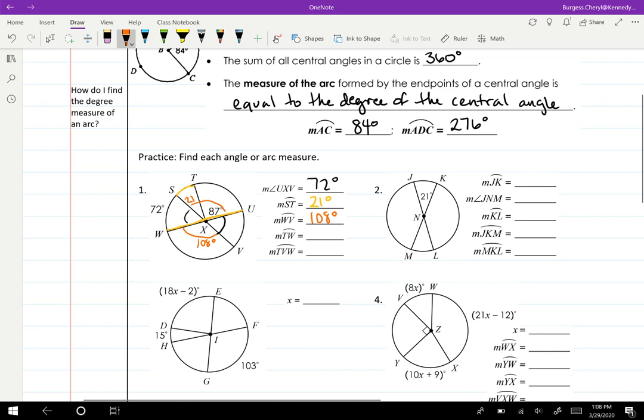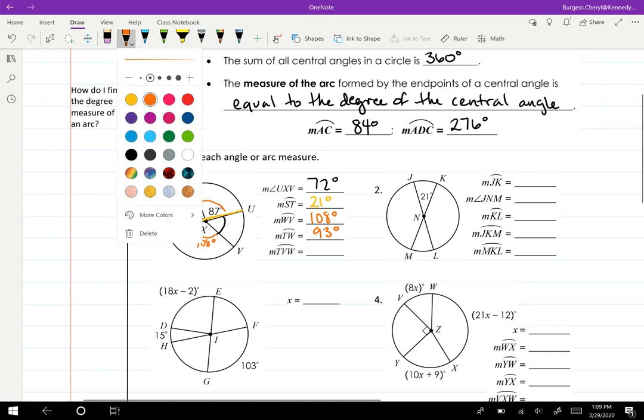Okay, now we're going to find arc TW. TW is simply 21 plus 72, 93 degrees. And finally, major arc TVW.